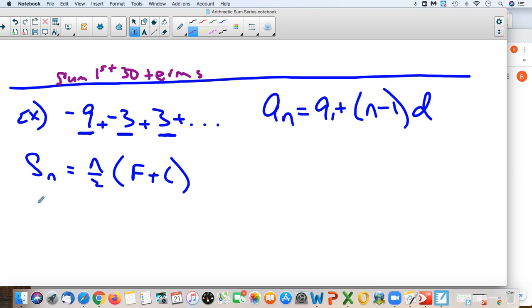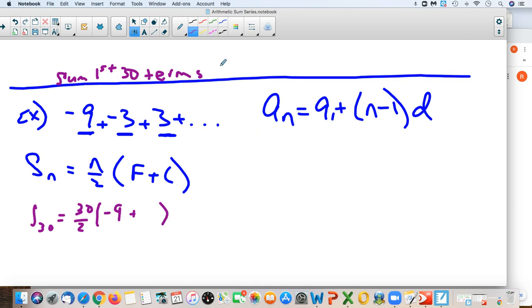We find the sum of 30 terms in the sequence. We have 30 over 2. Take the first term of the sequence, which happens to be -9, plus the last term of the sequence. Well, we don't know the last term. We need to know the 30th term. How do we find the 30th term?